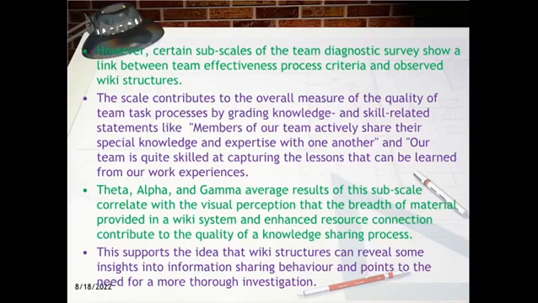Theta, alpha, and gamma average results of this subscale correlate with the visual perception that the breadth of material provided in a wiki system and enhanced resource connection contribute to the quality of a knowledge-sharing process. This supports the idea that wiki structures can reveal some insights into information sharing behavior and points to the need for a more thorough investigation.